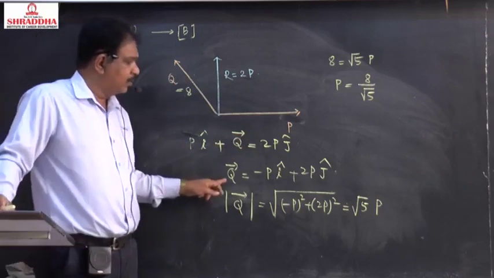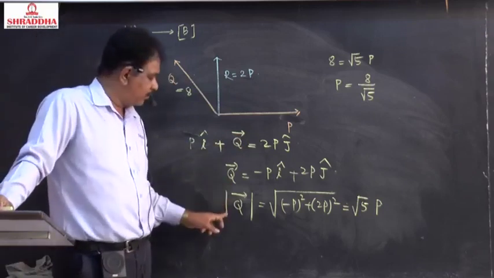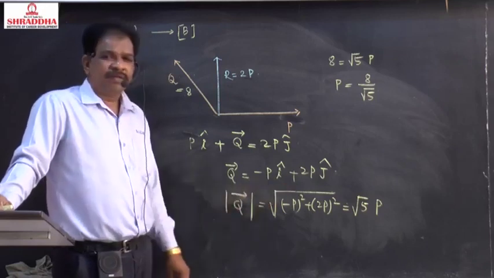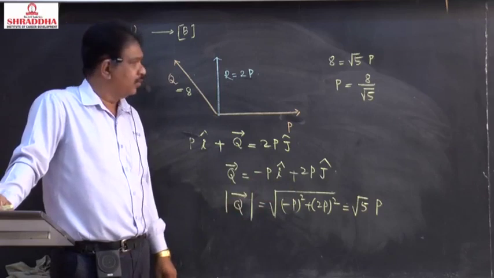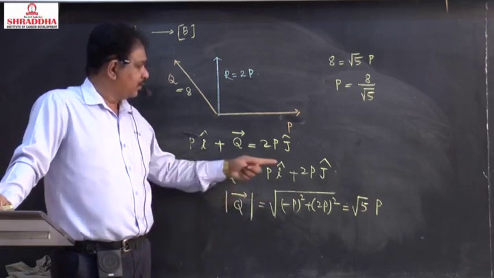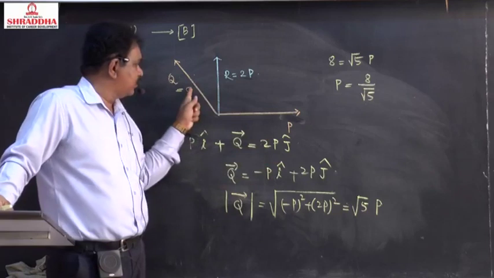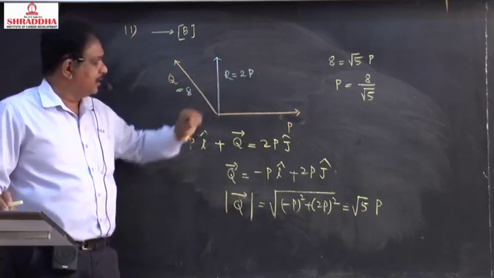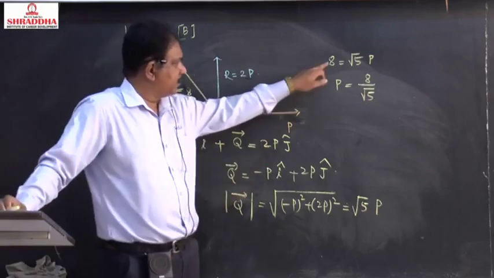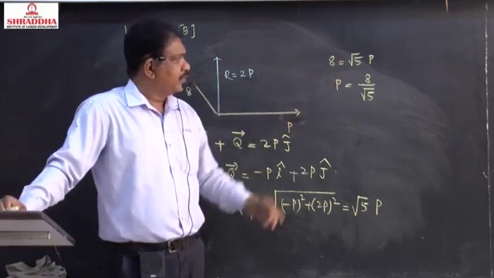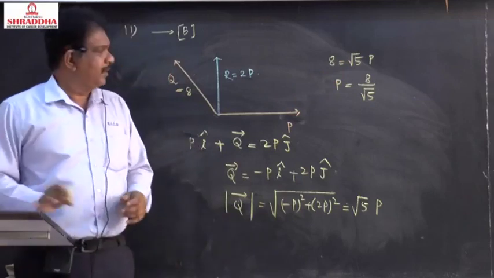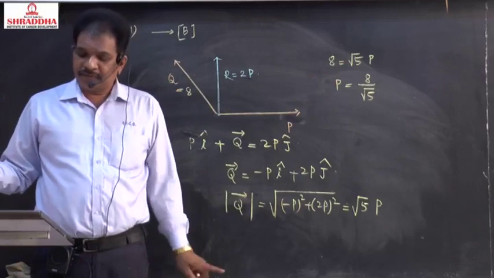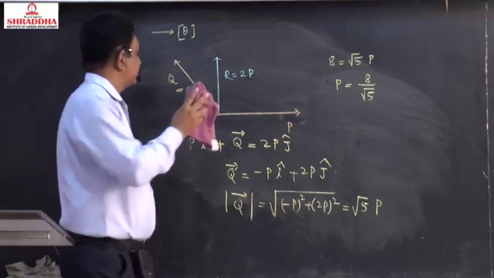We got the q bar value. From that we got the modulus of q bar, that is equal to root 5 into p. That root 5 p is equal to 8, because they gave the modulus of q bar as 8. So in this place we substituted 8. P is equal to 8 by root 5. That is the answer for that.